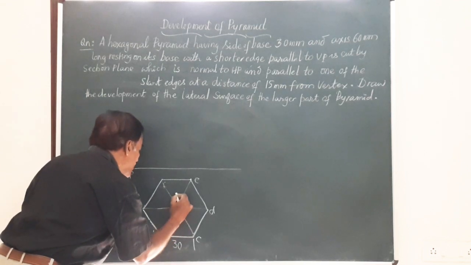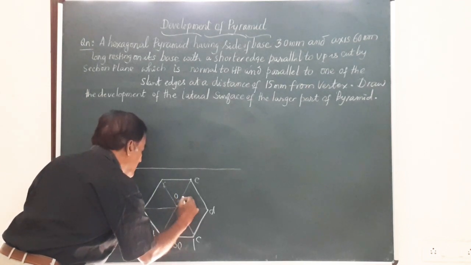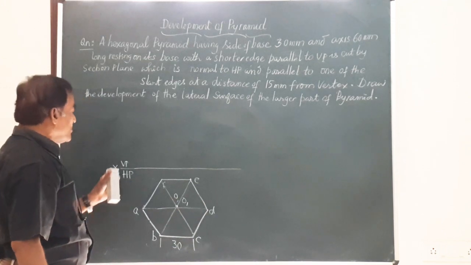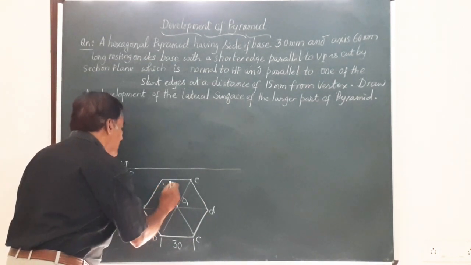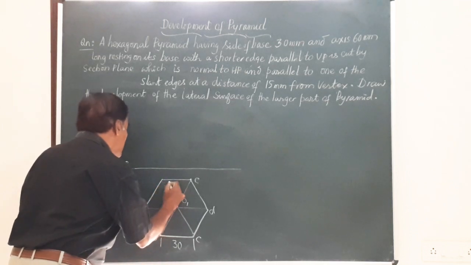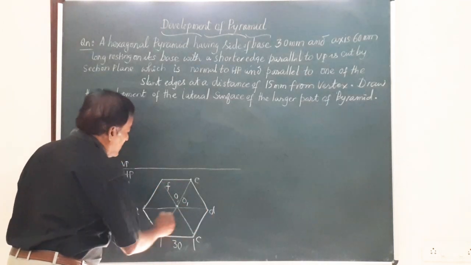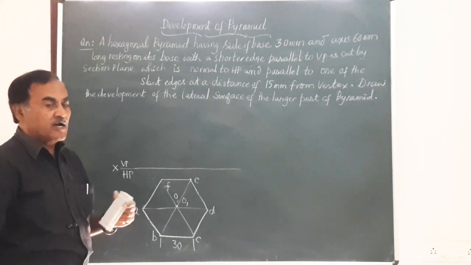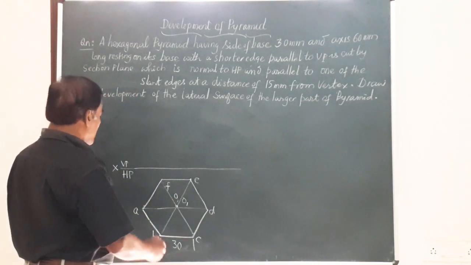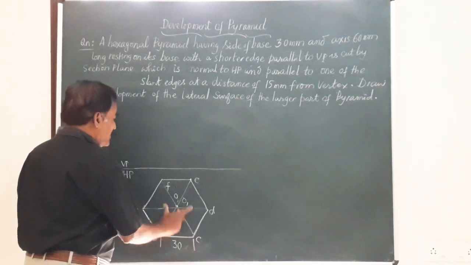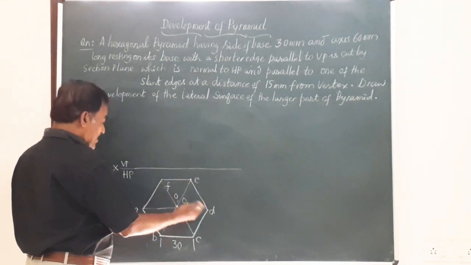So this is O, O1, where O is the vertex and O1 is the center of the base. And we have this A, B, C, D, E, F, the base. So here all these slant edges are visible, and this is the top view of the hexagonal pyramid with one of the base edges BC or EF parallel to VP.